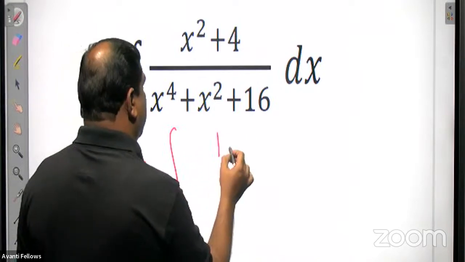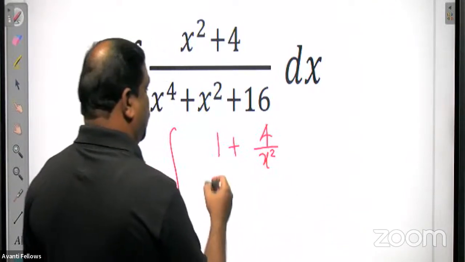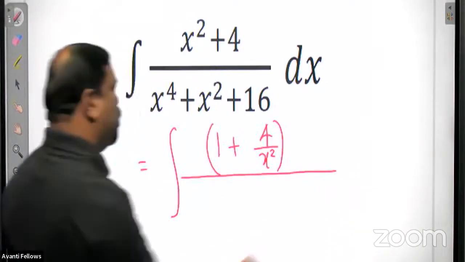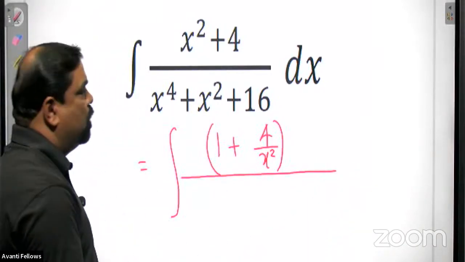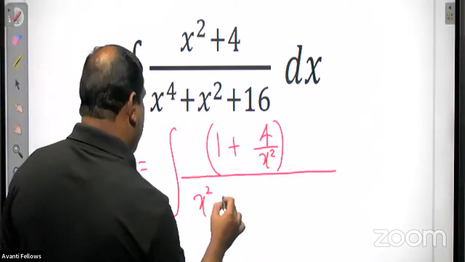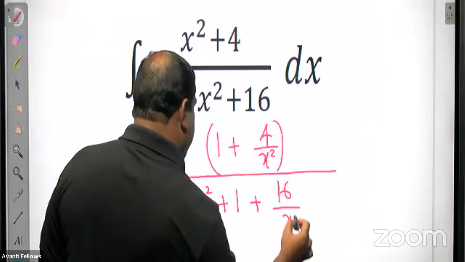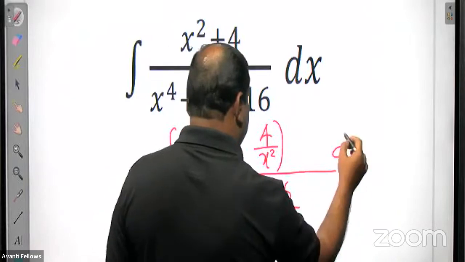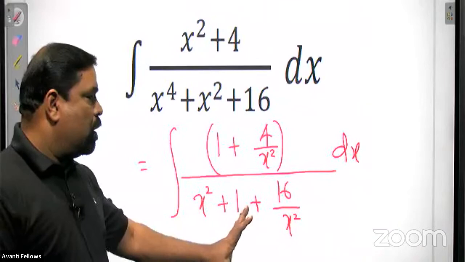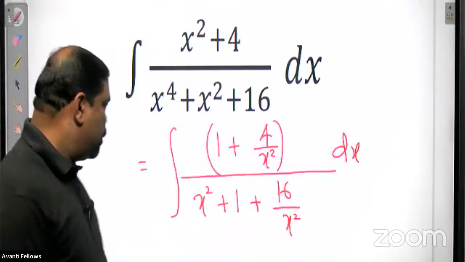The numerator becomes 1 plus 4 by x square, and the denominator becomes x square plus 1 plus 16 divided by x square, dividing both numerator and denominator by x square.